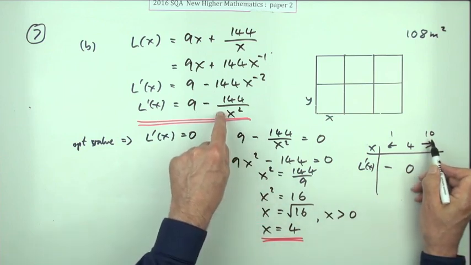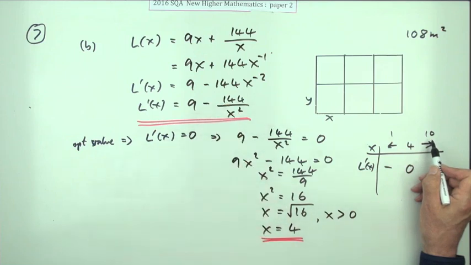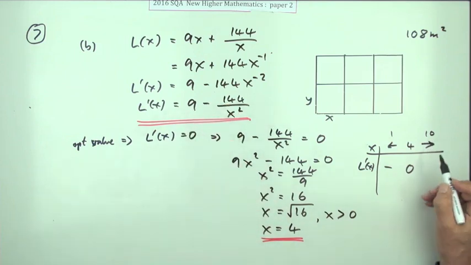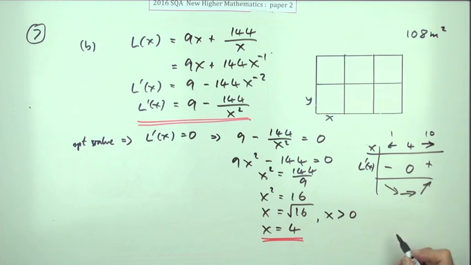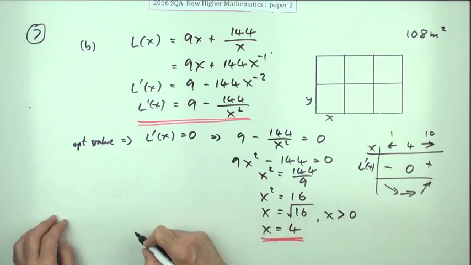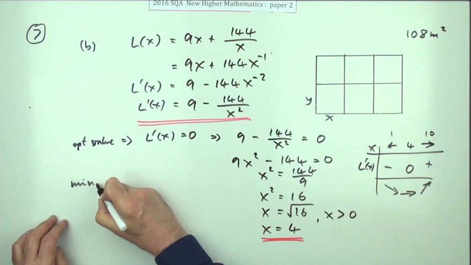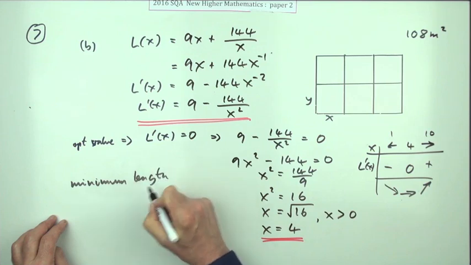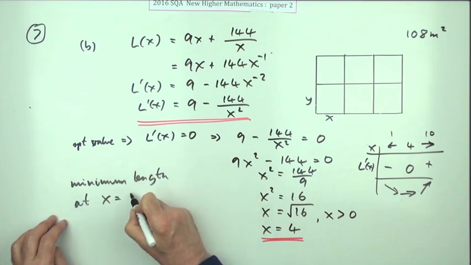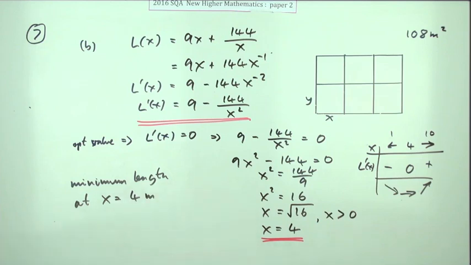At 10, that becomes 100. So you're only subtracting 1.44 from 9. So that's clearly positive, which means it looks like this, as expected, which means you can now make the statement, you've got a minimum length at x equals 4, and I'll put the units in, meters.